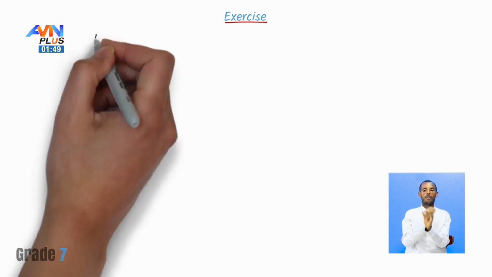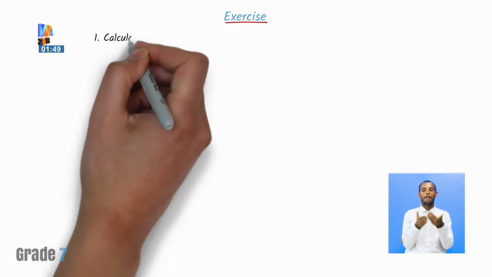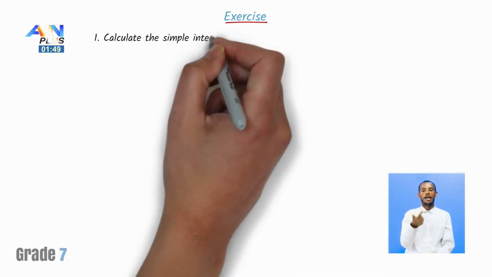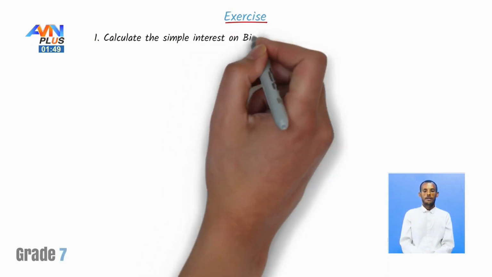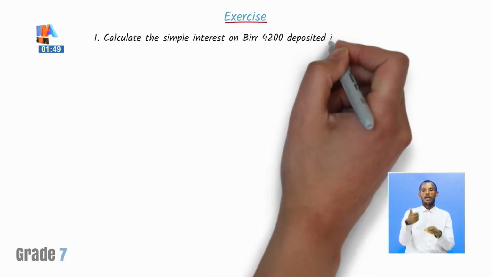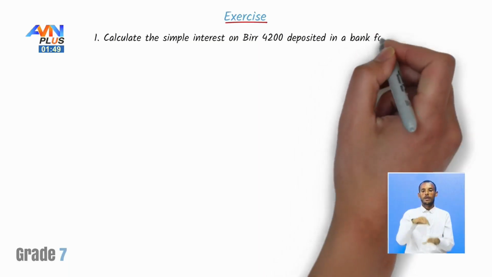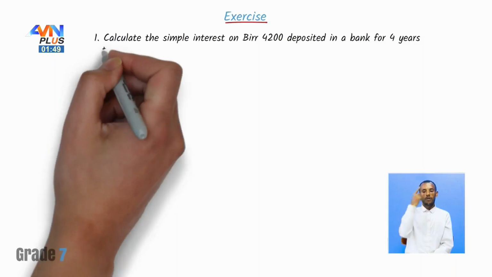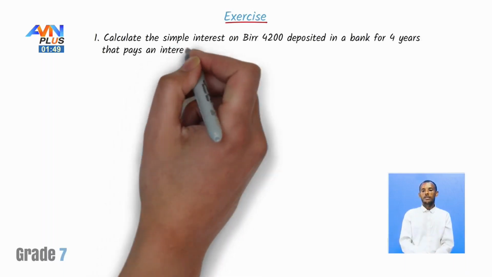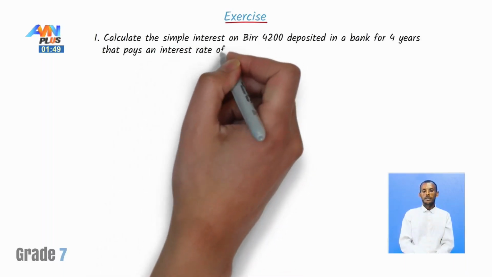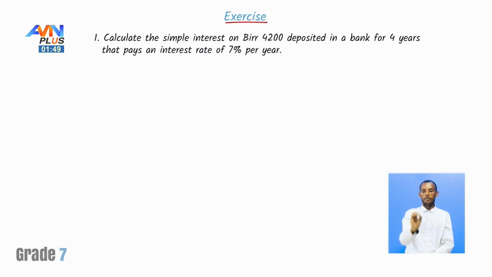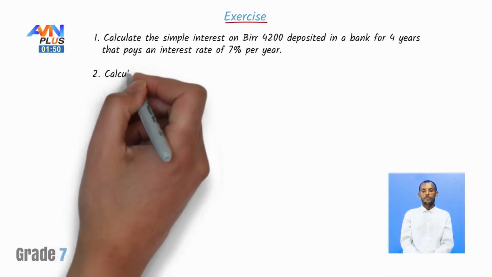Calculate the simple interest on $4,200 deposited in a bank for 4 years that pays an interest rate of 7% per year. Okay, it's the first question.